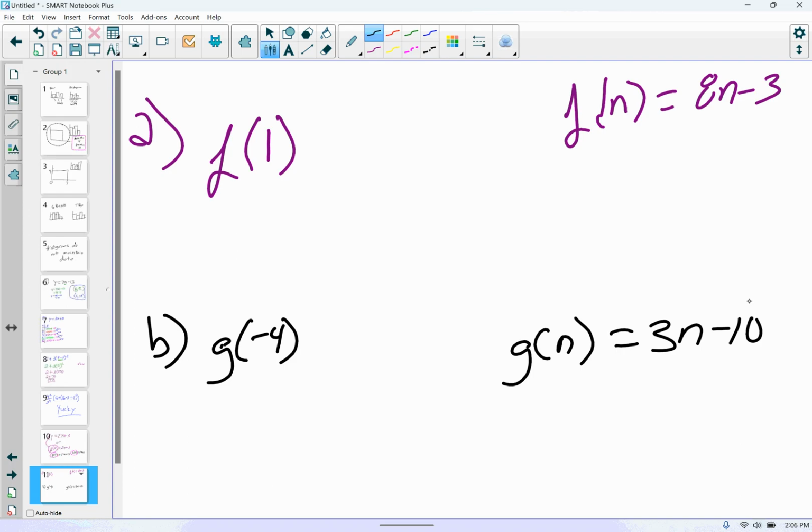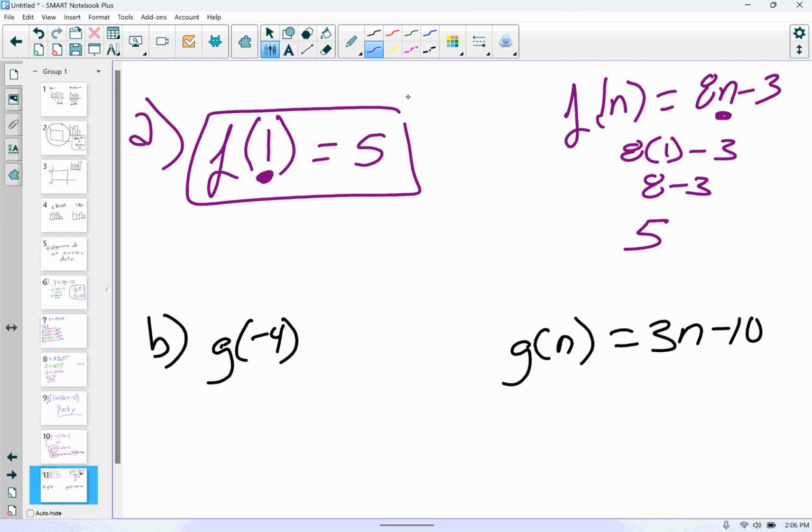Okay, that's both a and b. Ready? All right. I have a 1 right here. That means I'm going to replace this with a 1. So I'm going to go 8 times 1 minus 3. So I'm going to get 8 minus 3, which is 5. So f at 1, that's your answer.